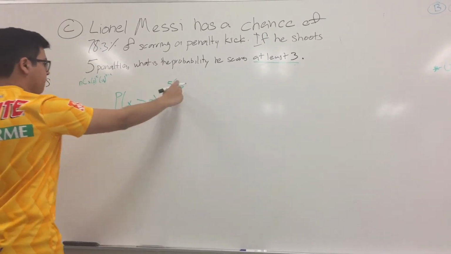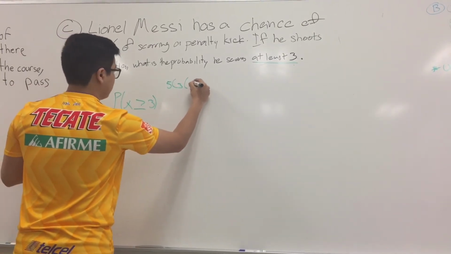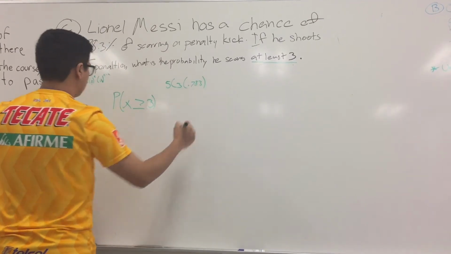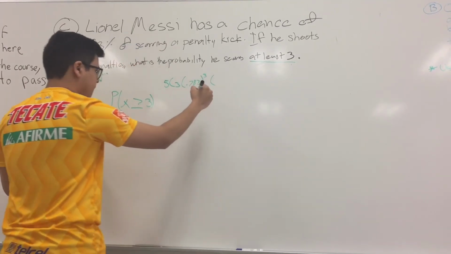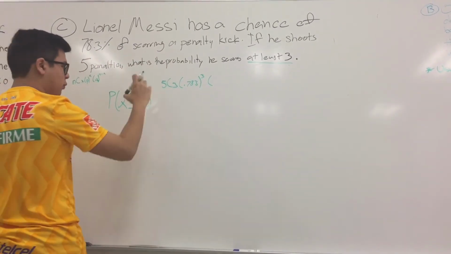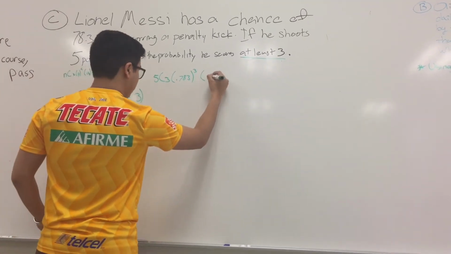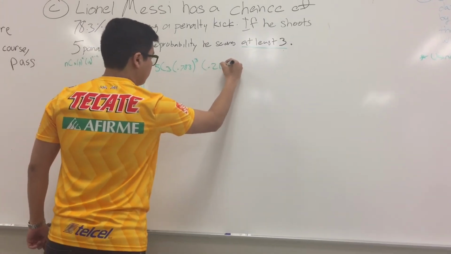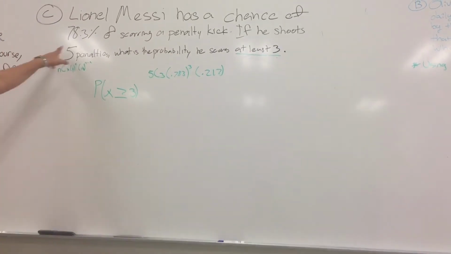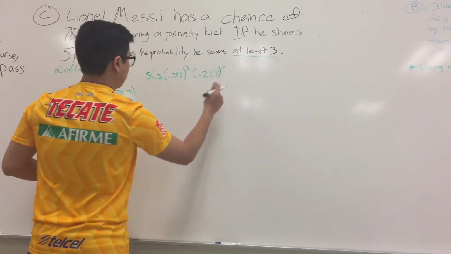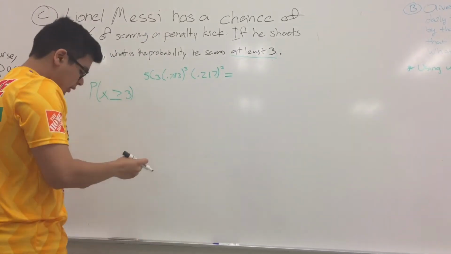So it's 5 choose 3 times the probability of success, which is 0.783, raised to the x, which is 3 in this case, times the probability of failure, which is 1 minus this, which is 0.217. All of this raised to n minus x, which is 5 minus 3, which is 2.